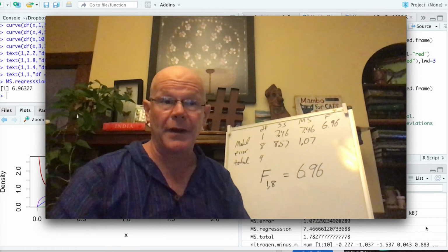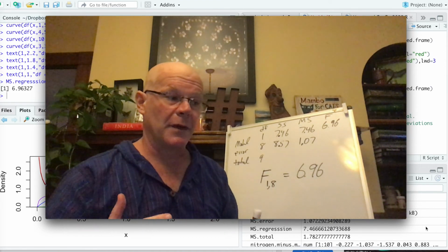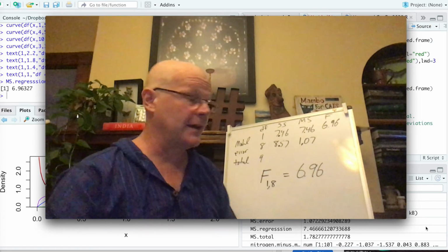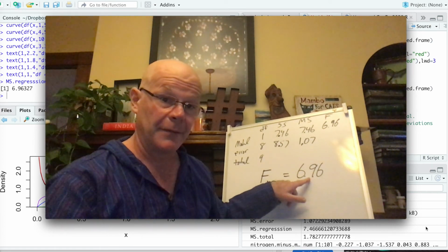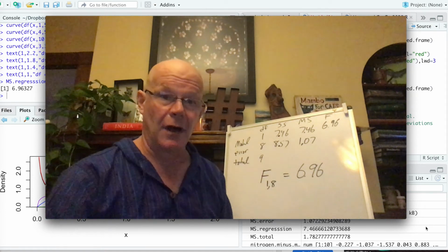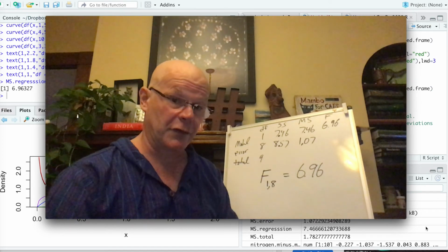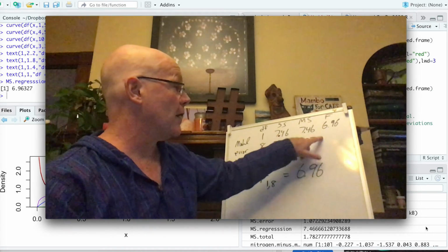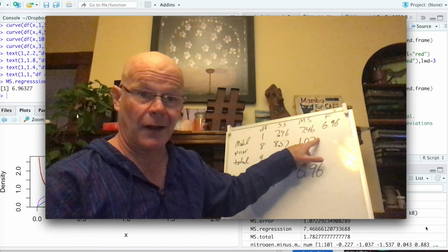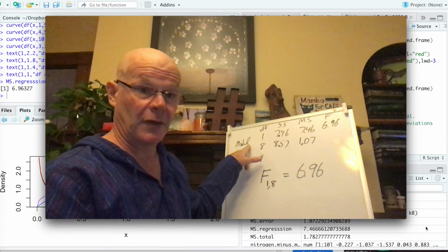And so now we can look at the F distribution and ask, what is the probability that I would get a value this big or bigger conditional on the null hypothesis being true? If the null hypothesis is true, then we would expect the error to encompass all of our variation, because we're not doing much with the slope part of it.